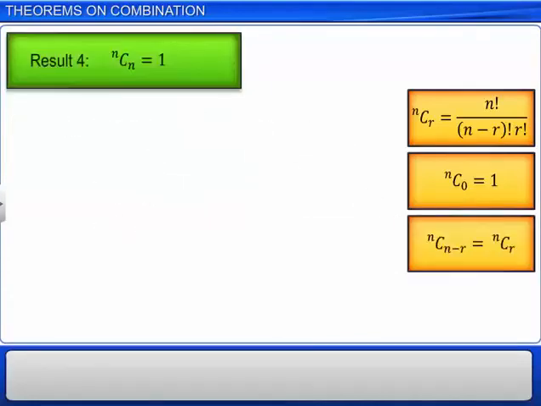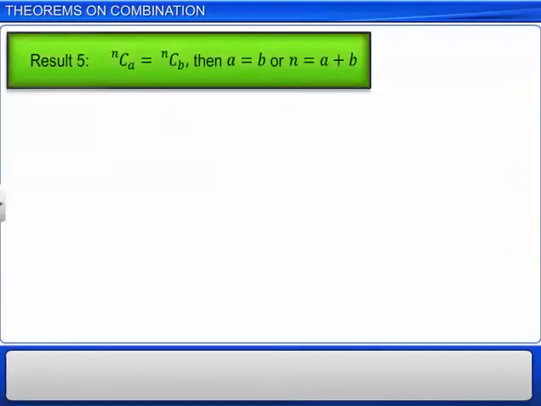Another result we can verify using the formula is nCn is equal to 1. Using the previous result, we have nCn is equal to nC(n minus n). This implies nCn is equal to 1.